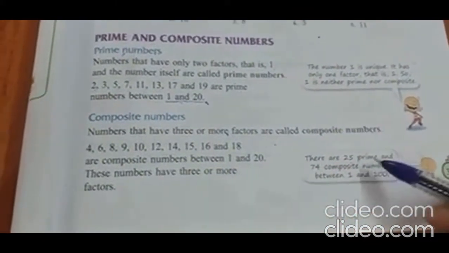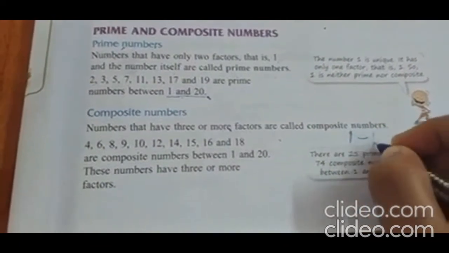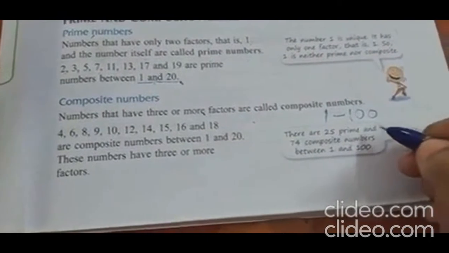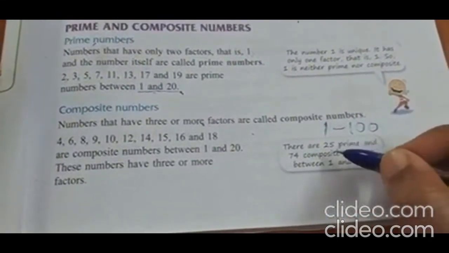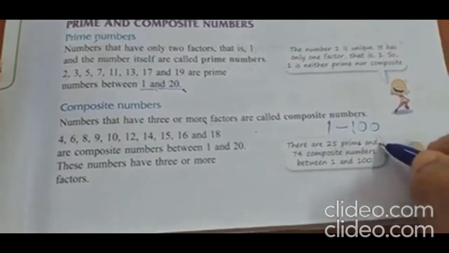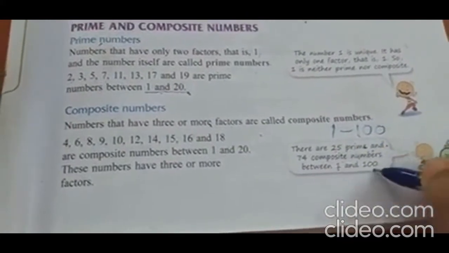Now in the numbers 1 to 100, how many prime numbers are there, and how many composite numbers? There are 25 prime numbers and 74 composite numbers between 1 and 100.